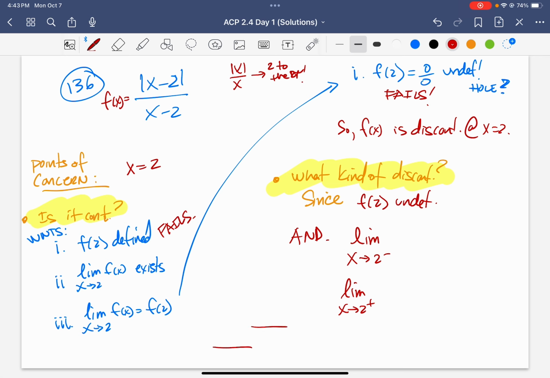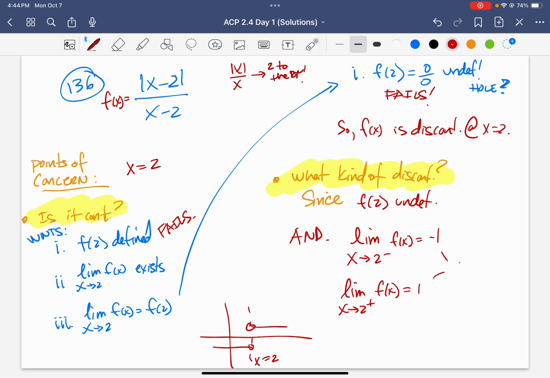So, it looks like one of these, except that this point is now at x is equal to 2. The limit as x goes to 2 from the left of f of x is going to be -1. As it comes in from the right, it's going to be 1.